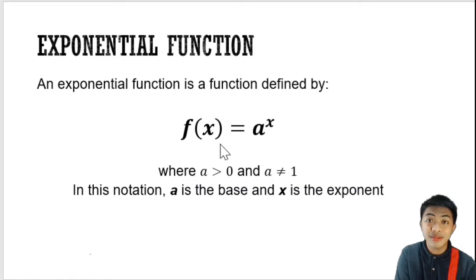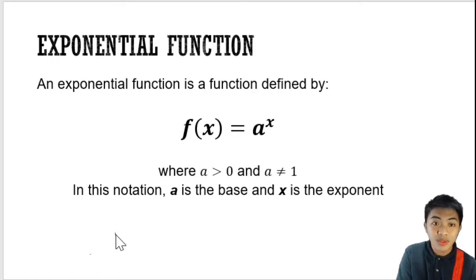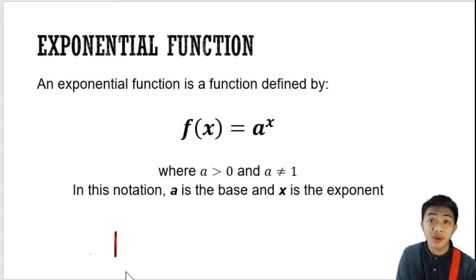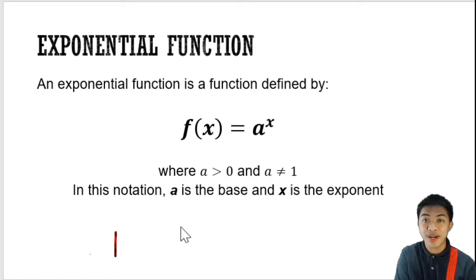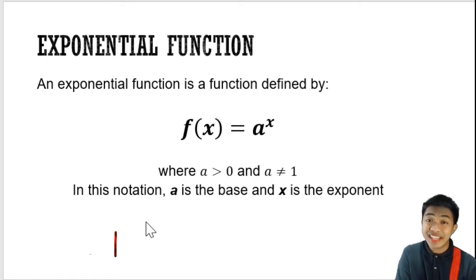And there is another restriction saying that the base should not be equal to 1. Bakit? Kung ang base kasi natin ay 1, and if we're going to raise 1 to any number, ang magiging sagot ay itself. Example, if you're going to raise 1 to a negative number, 1 din lang naman ang sagot. If you are going to raise 1 to a fractional exponent, ang sagot din lang naman ay 1.